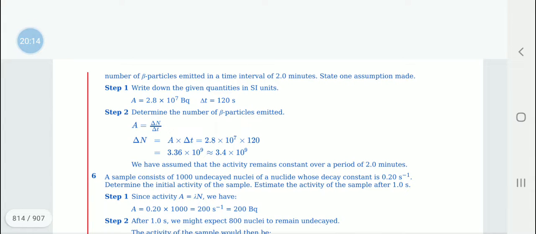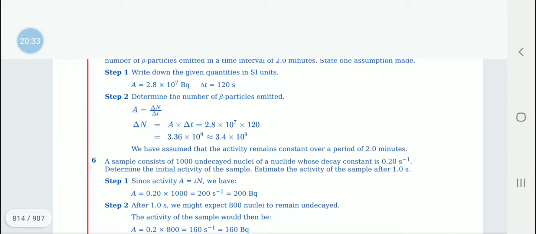Then they are asking us to state one assumption made. We have to assume that the rate of decay, or activity, remains constant over this period of 2 minutes.